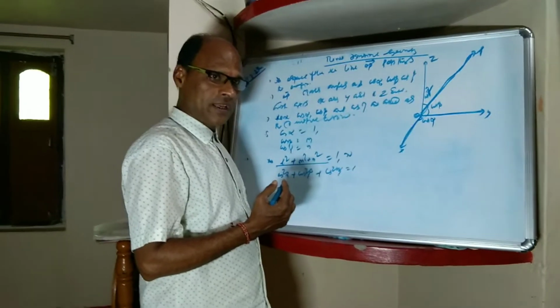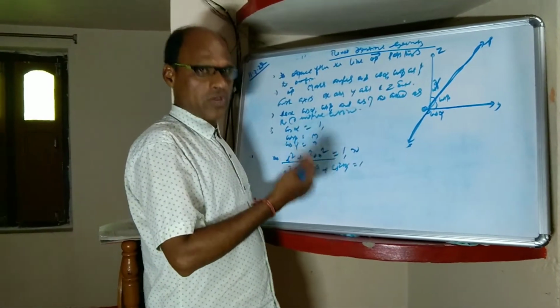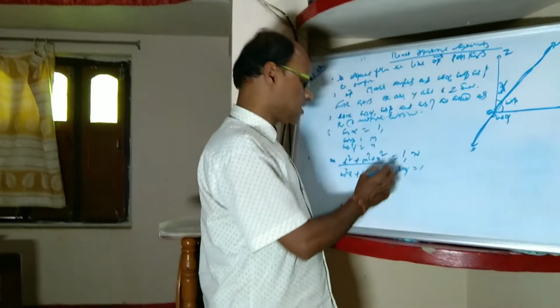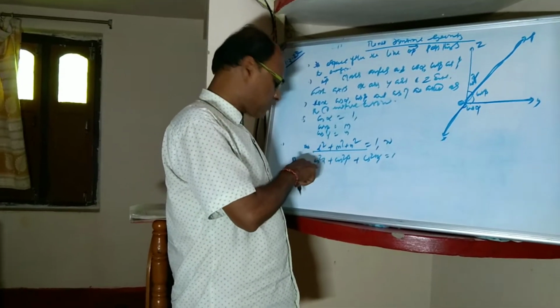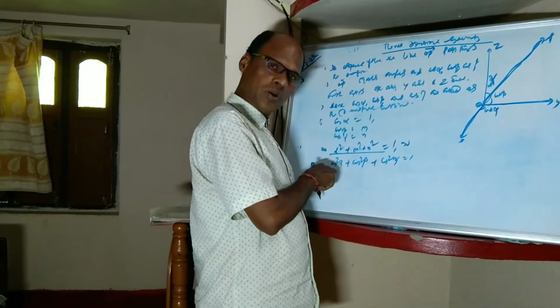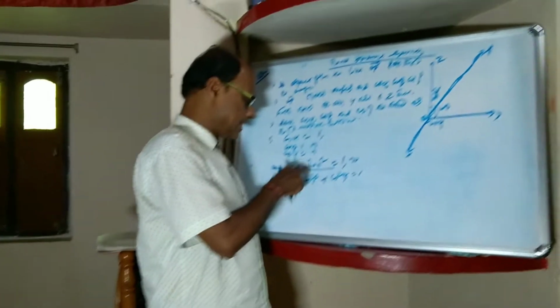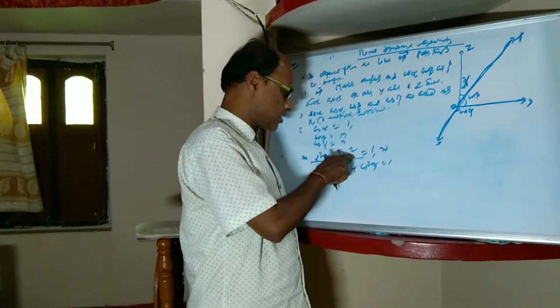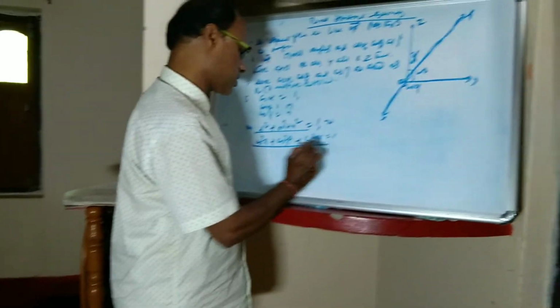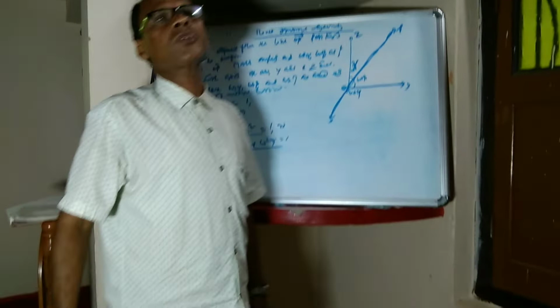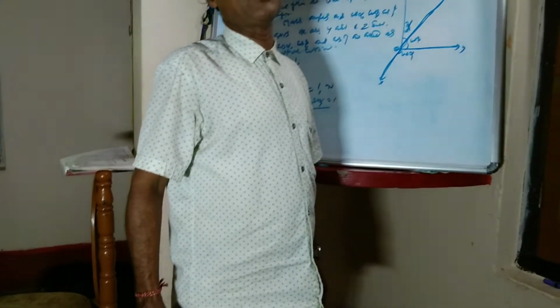L represents cos alpha, so L square is equal to cos square alpha, M square is equal to cos square beta and N square is equal to cos square gamma. Cos square alpha plus cos square beta plus cos square gamma is equal to 1.